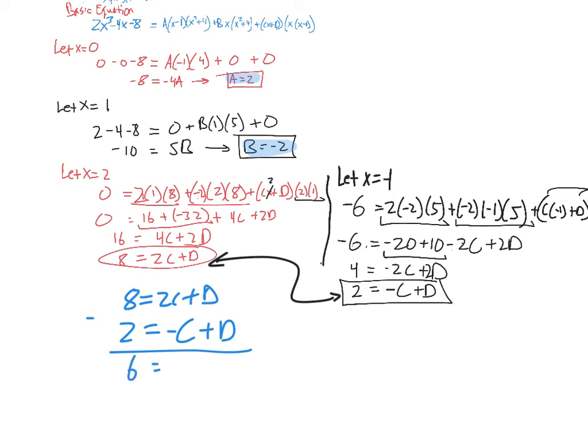And 2C minus negative C would be 3C. So C equals 2.